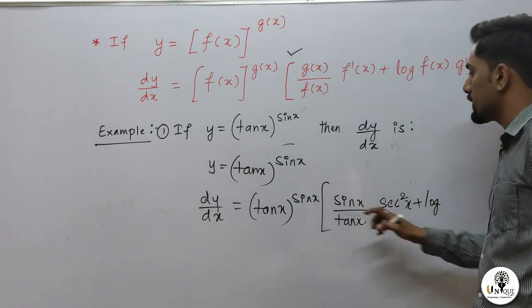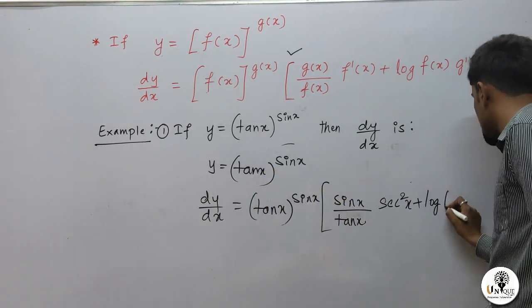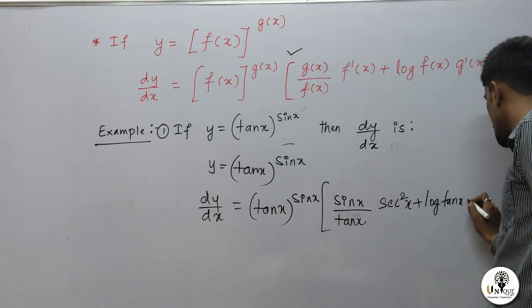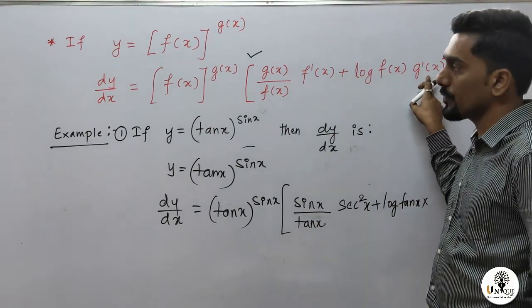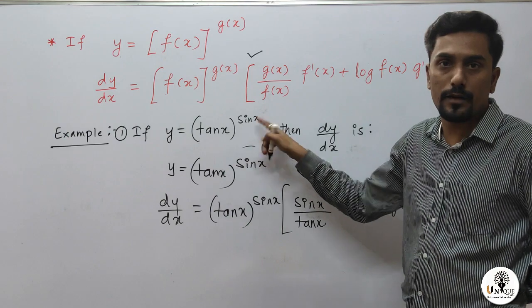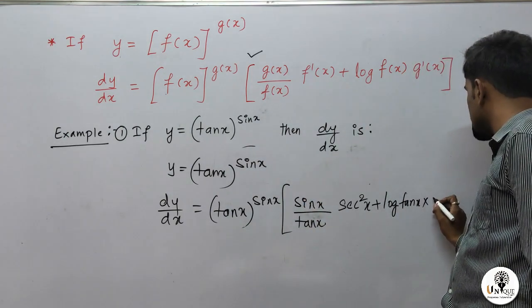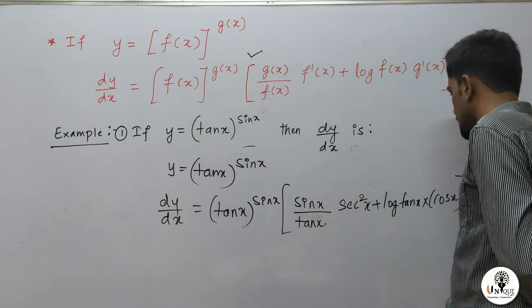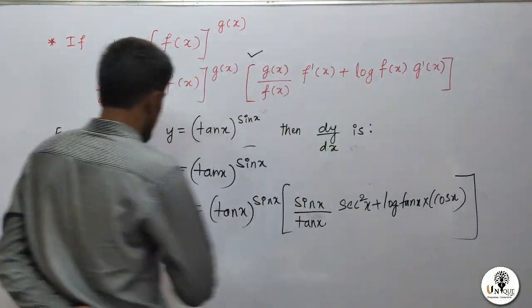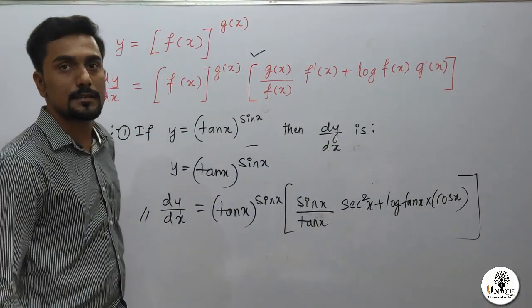Log of f of x is log tan x, into g dash of x. What is the g dash of x? Differentiation of sin x is cos x. This is the final answer.